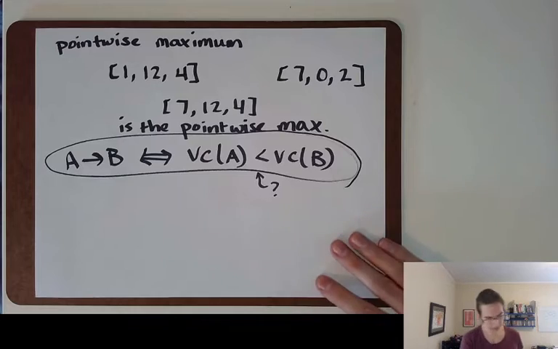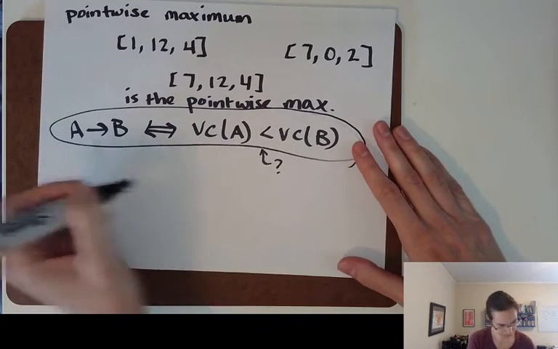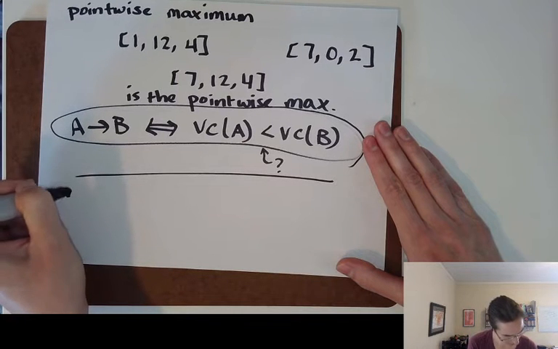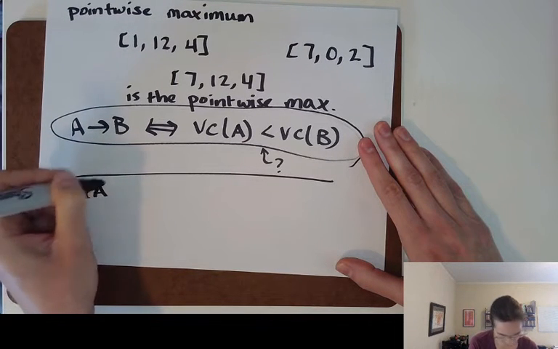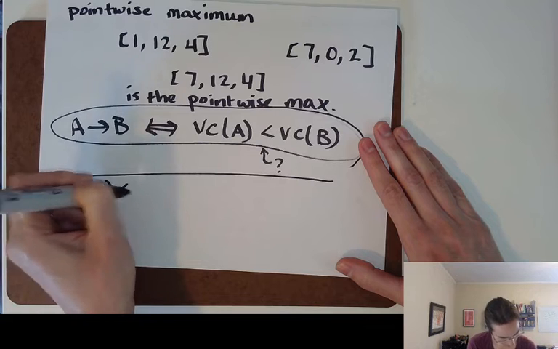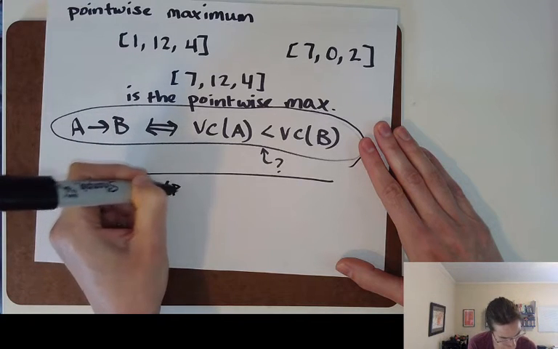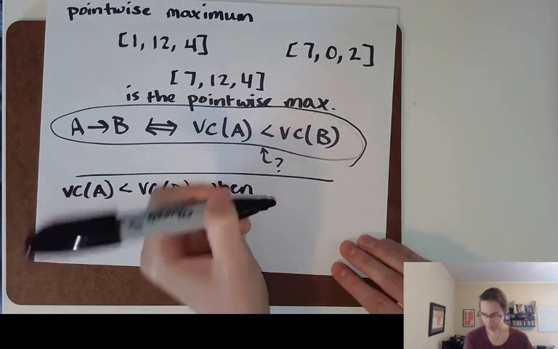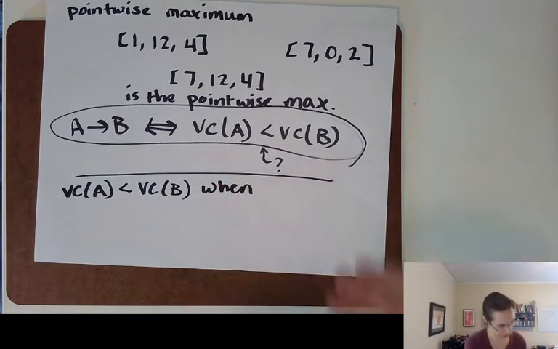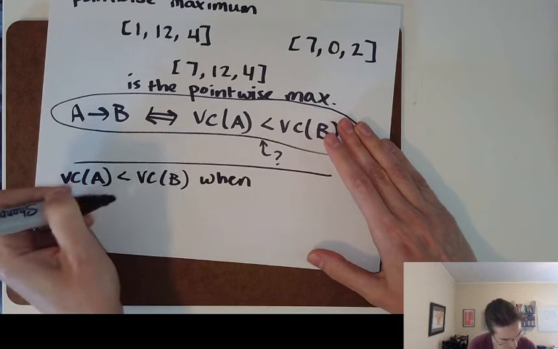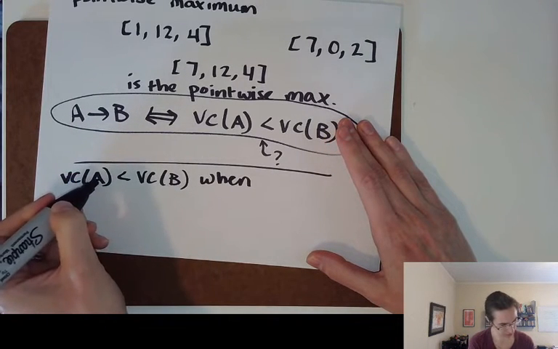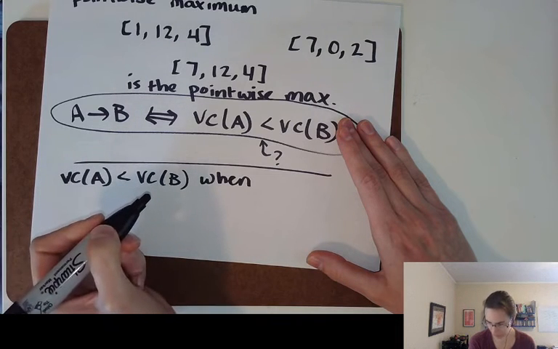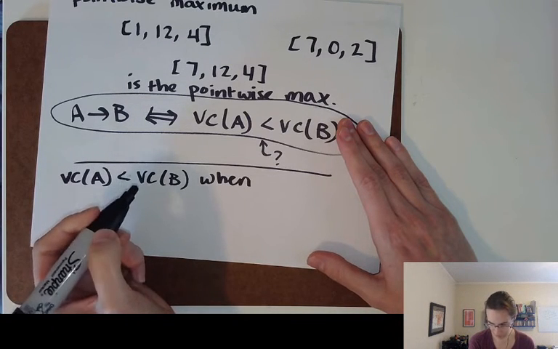So it's slightly subtle. We say that the vector clock of A is less than the vector clock of B when for all the positions in the vector clock, so let's say that these vector clocks have elements, and they're indexed by i.